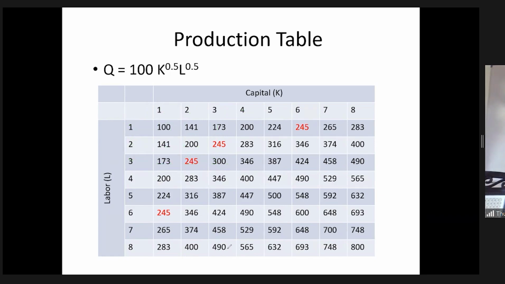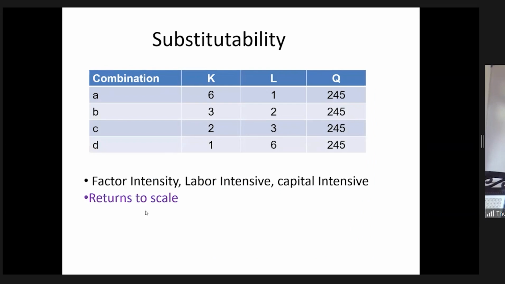So that can be explained with the concept called returns to scale, which I will be discussing later, but I just wanted to show you with this table. When we increase both our capital and labor with the same proportion, if it is 10%, both capital and labor will be increased by 10%, then what happens to our output? Our output also will be increased with that percentage.